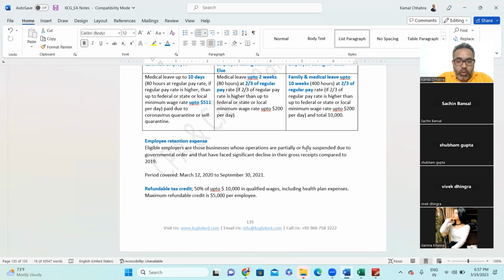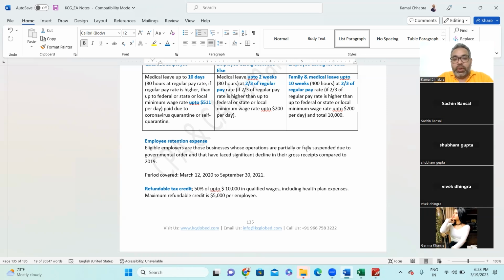So for those employers, they should not retrench their employees, so certain benefit has been given to them. That covers the period from 12th March 2020 to September 30th 2021, and this is again a refundable tax credit.